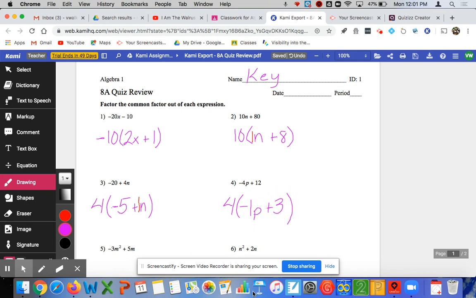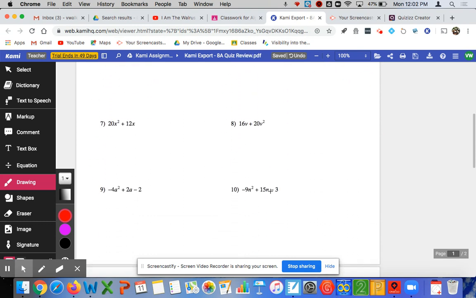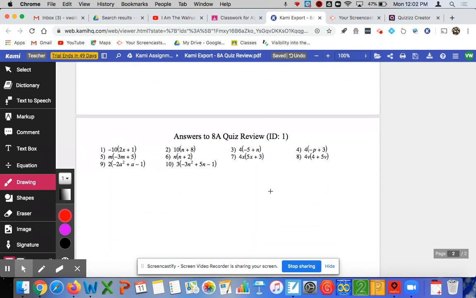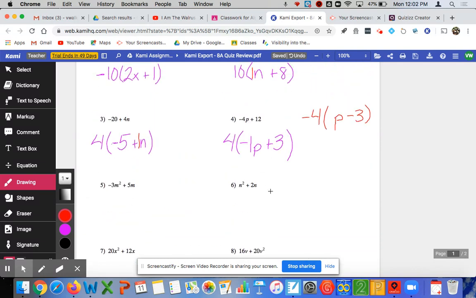That's an acceptable answer. What if you wanted to factor out the negative 4? You could do that if you wanted to. Here's where it gets a little trickier, though. You would have to reverse all of your signs. So I'd have a positive p and a minus 3 here. Let's just check real quick to see which one's at the bottom. Negative p plus 3. So this answer right here, the purple one, is the one that they have, and that's the one that you should probably go with.